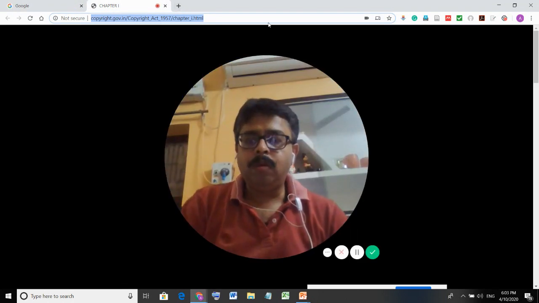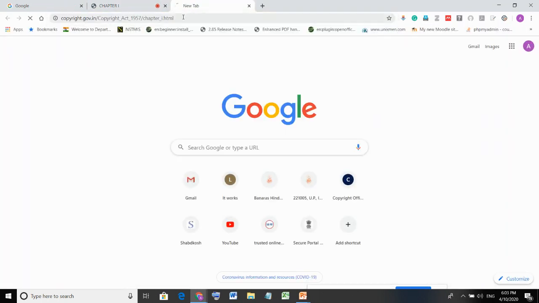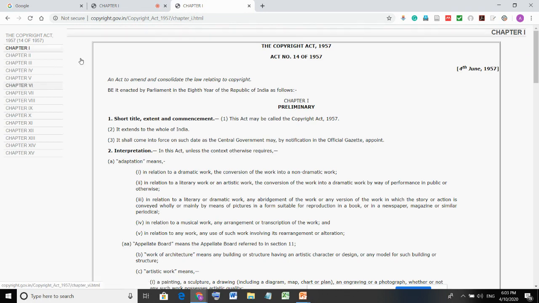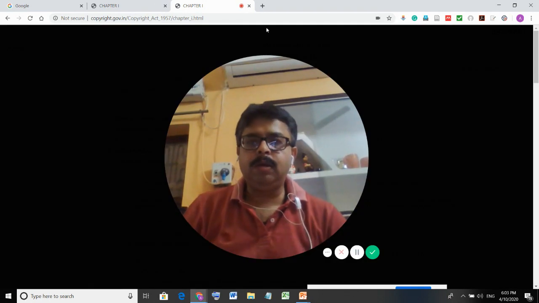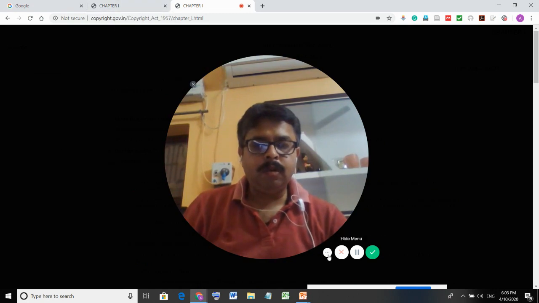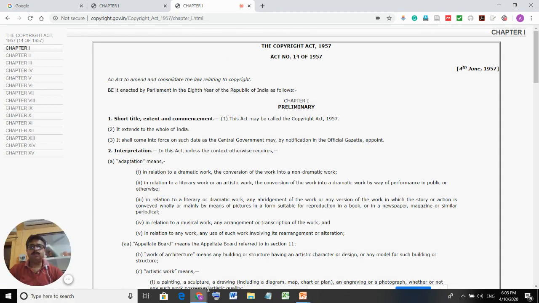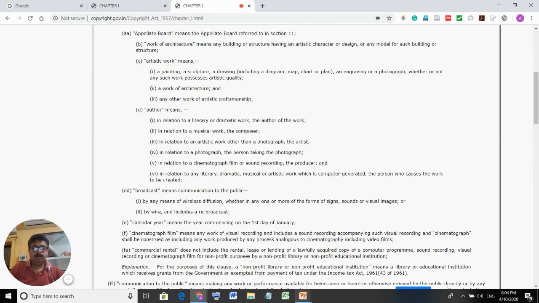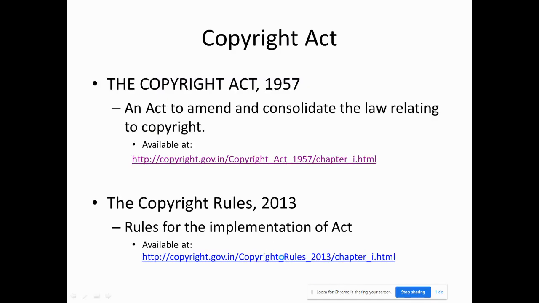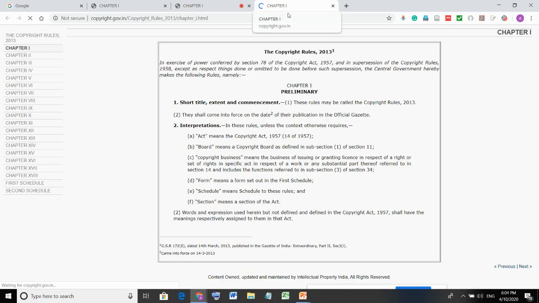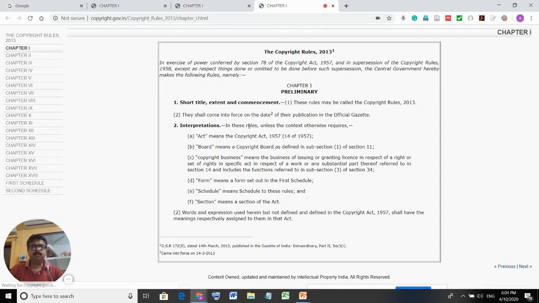I will just copy this and we'll try to follow it. Yeah, you see here, I think I need to read this. So you can see here, this is the whole document of the Copyright Act. Similarly, if we go back, we have the Copyright Rules 2003.